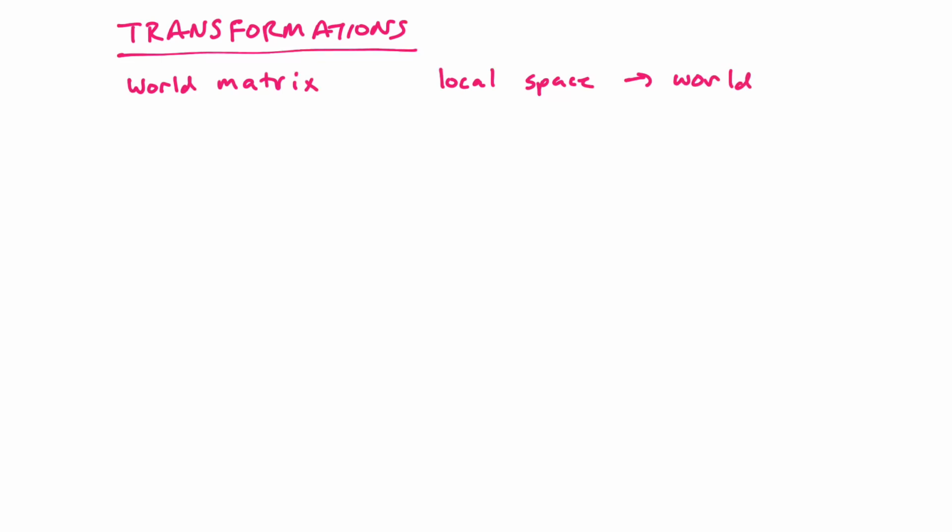Local space might be where the vertices are in relation to the object's origin. Okay, then next we'll have a camera matrix. And a camera matrix takes us from world space to view space. In other words, we're going to shift everything in the world around the origin of the camera, and that's essentially how we look in our scene. We just basically move everything to the location of the camera.